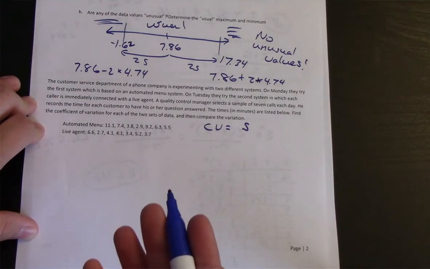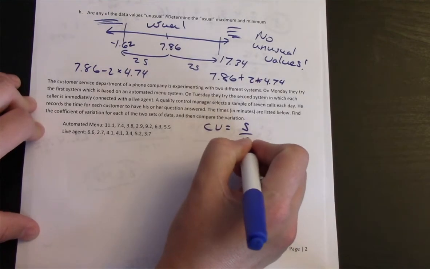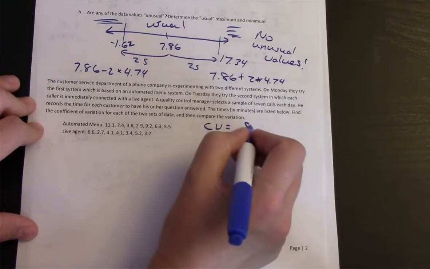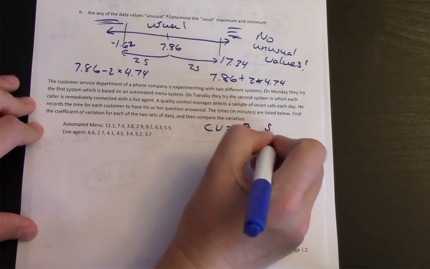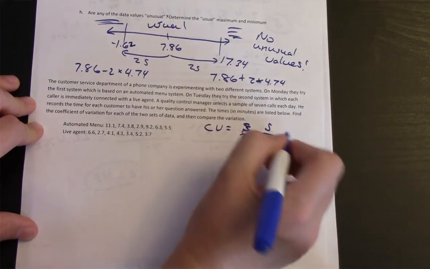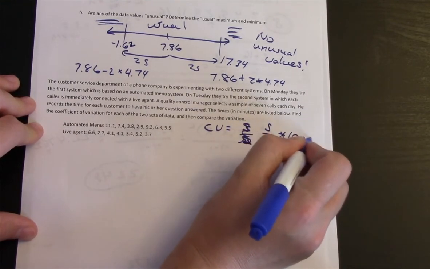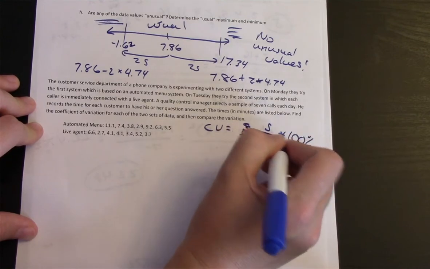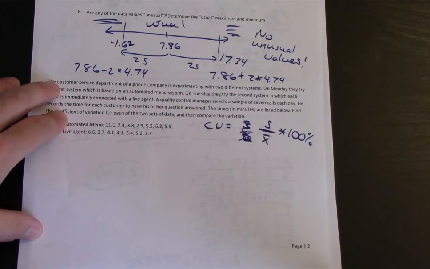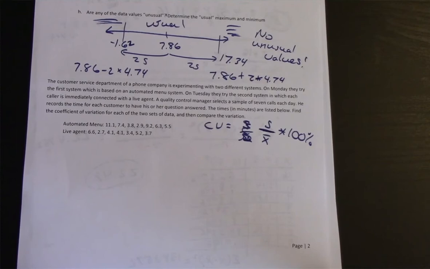What do you standardize it by? The mean. So it's S divided by X bar times 100%. We always report the coefficient of variation as a percentage. So it's the standard deviation standardized by the sample mean.